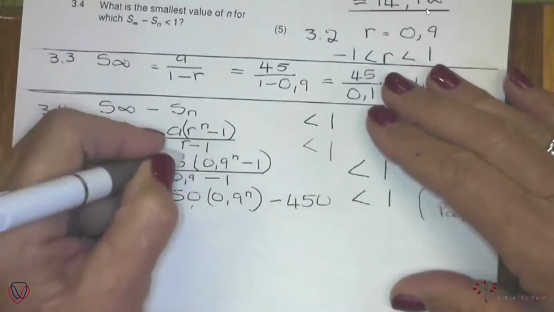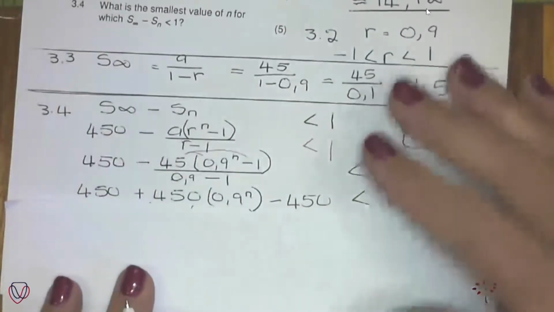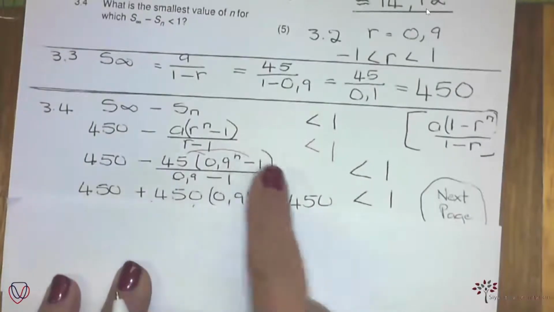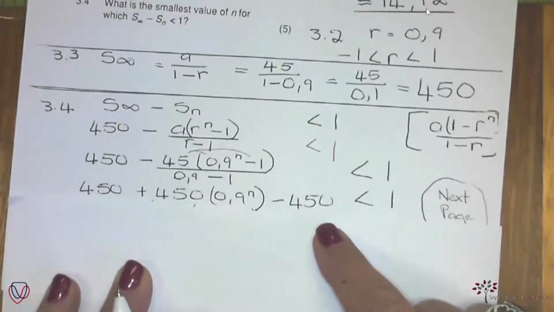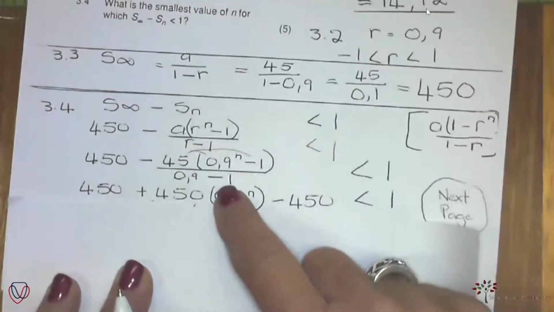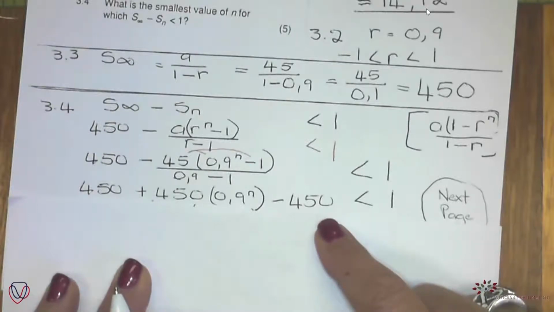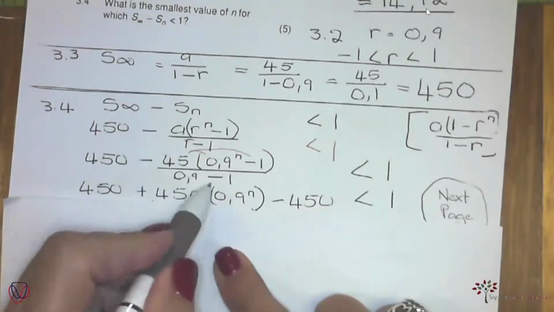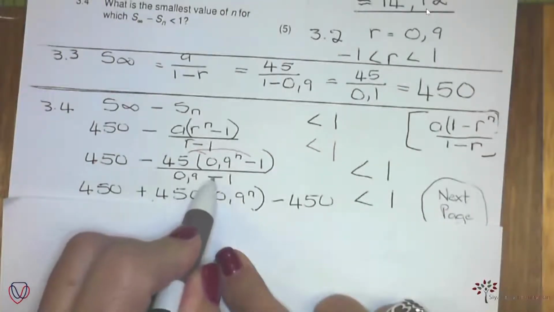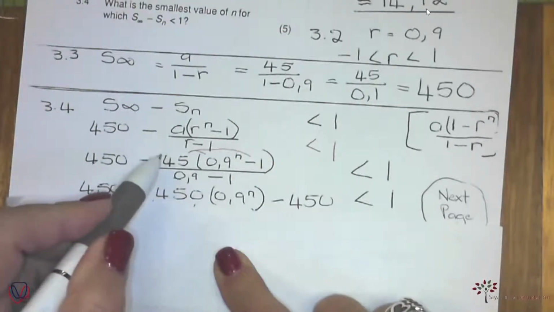We do the distributive law here. We multiply like that. And then 45 times negative 1 is going to be, why 450? I divided it by that negative 1 already. So it's negative 450. Please, please remember that. Where I got that from, I took this negative 0,1, I divided it into that one.